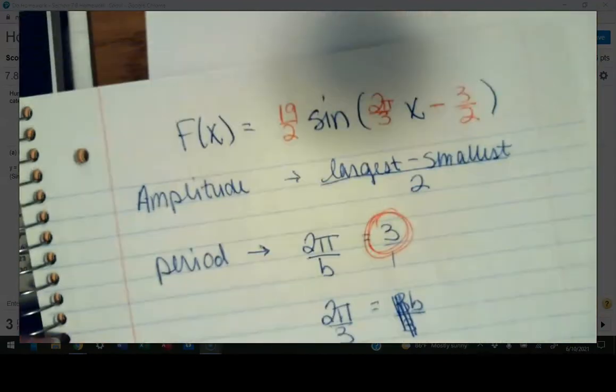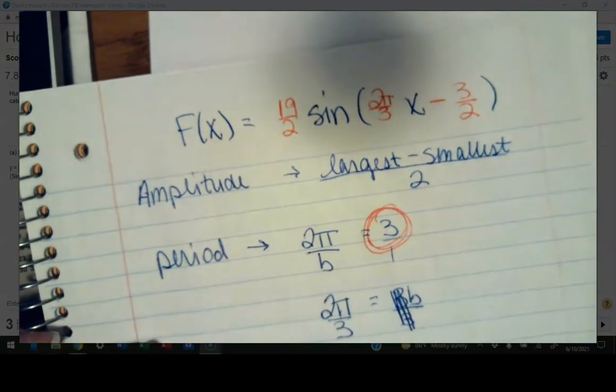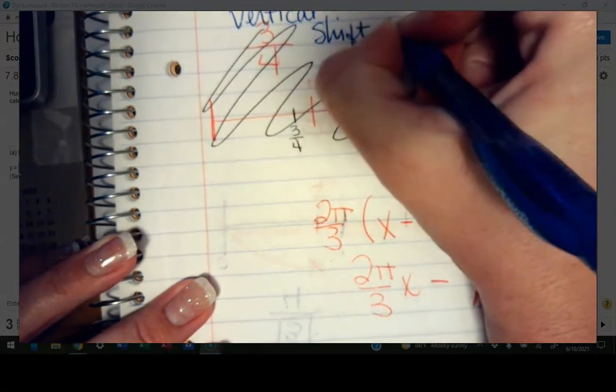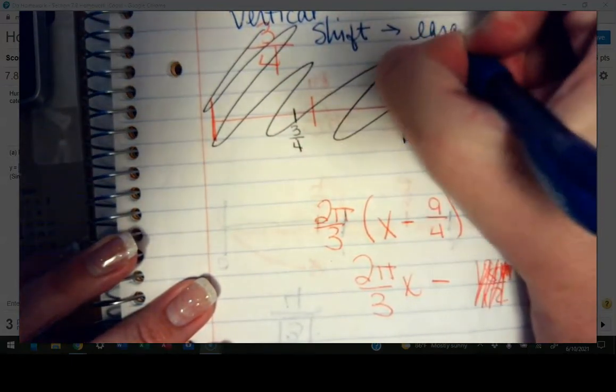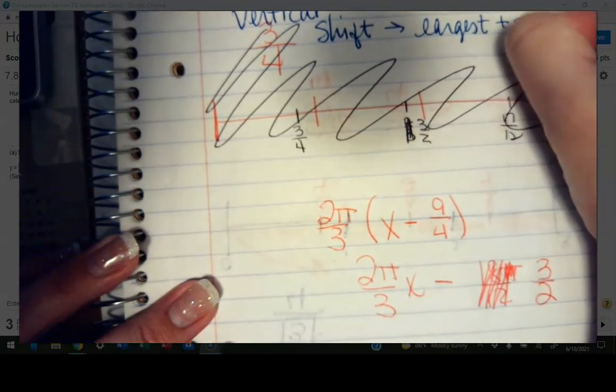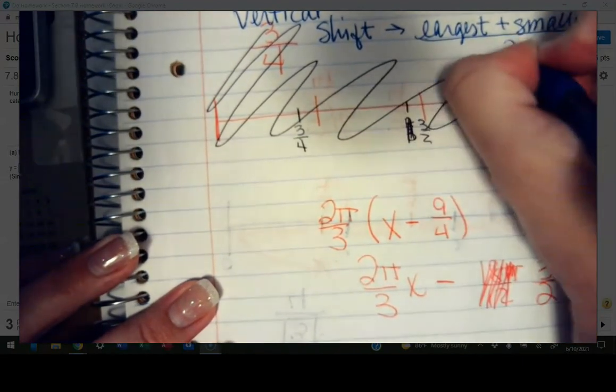3/2. The only thing I've got left to do is shift this thing up or down. So my vertical shift is going to be an average. I'm going to add the largest and the smallest over 2.